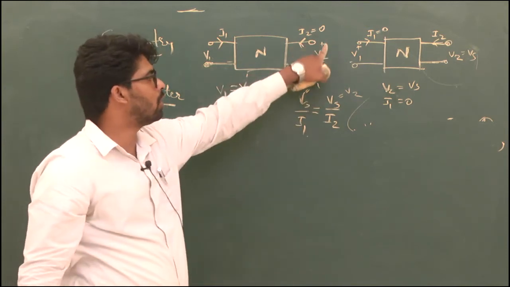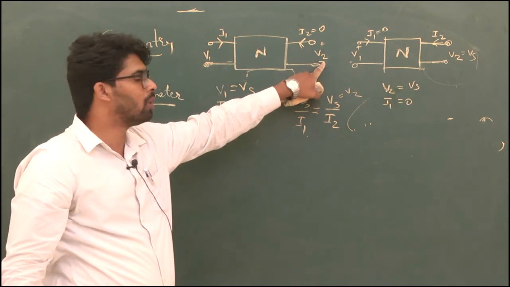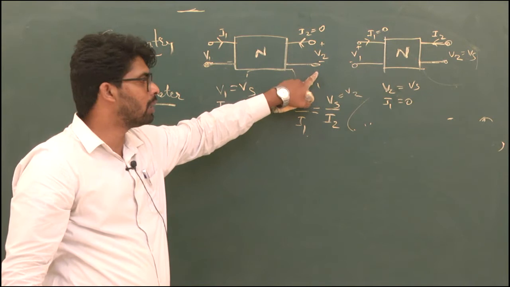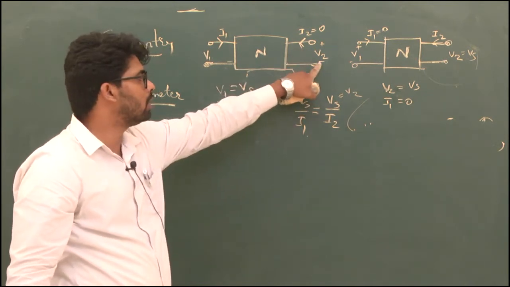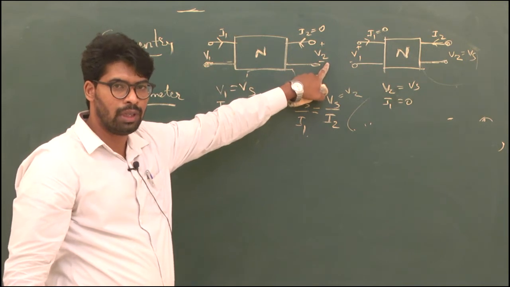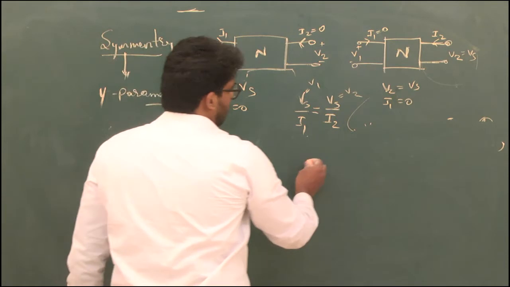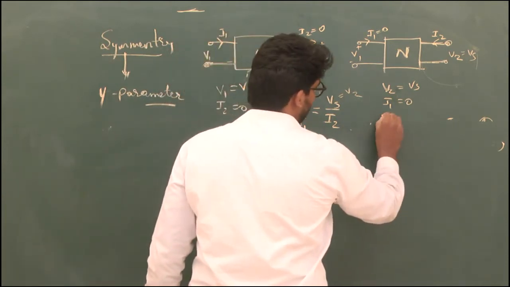Making I2 equal to 0 does not affect the voltage across the output terminals. By this time you will know what the open circuit and short circuit are. Knowing that, you can go through this two-port network. There is no way to nullify the V2 value. So I am taking these assumptions.